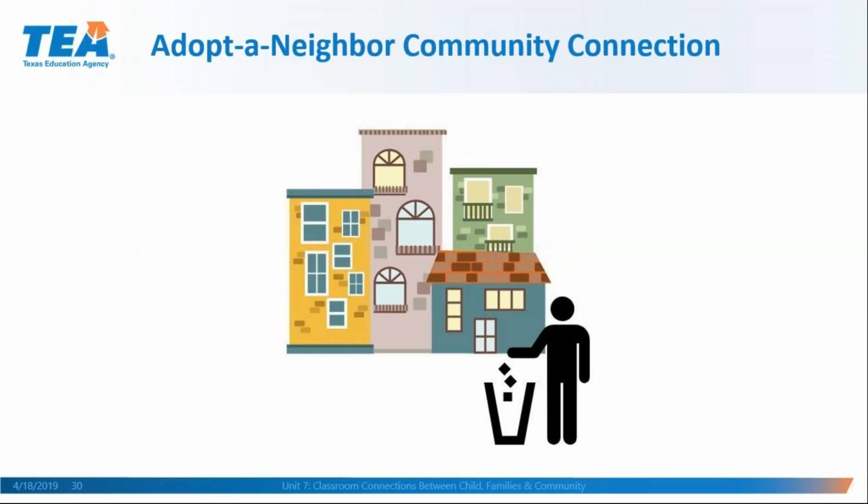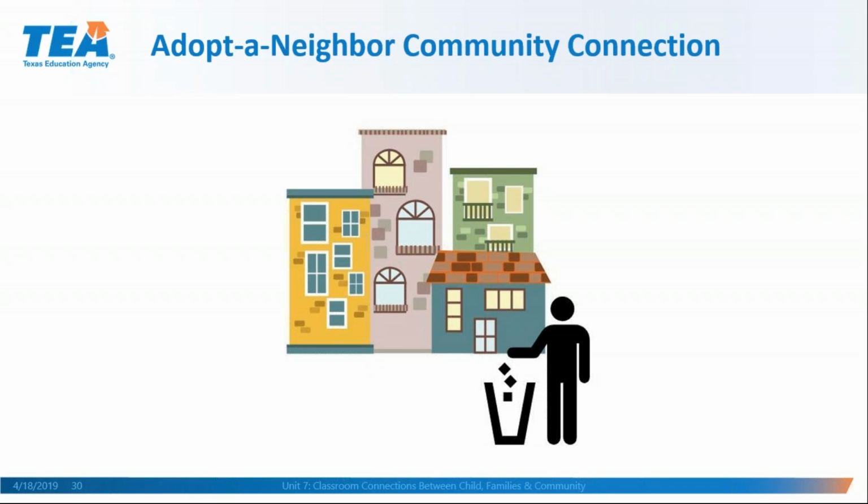There's also ways you can connect to a community. This picture shows somebody picking up trash, but that might not be a bad idea. Put those little gloves on the kids, and maybe they adopt a place in their neighborhood to help clean up, and they pick up. You want to make sure there's not icky things to pick up, though.